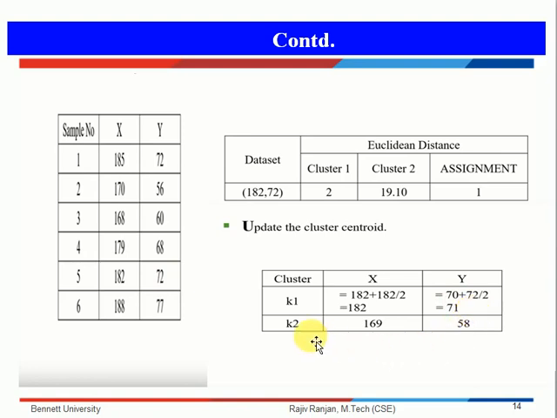And the updated centroid value for cluster 2 will remain the same, that is 169 and 58. So now for sample number 6, the computation will be done according to these 4 values, right?